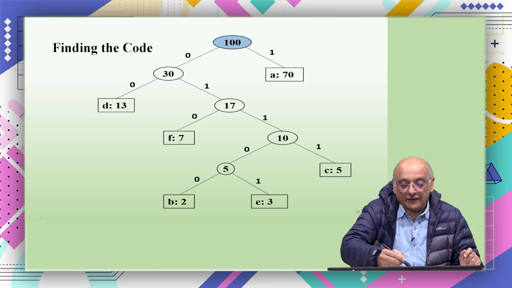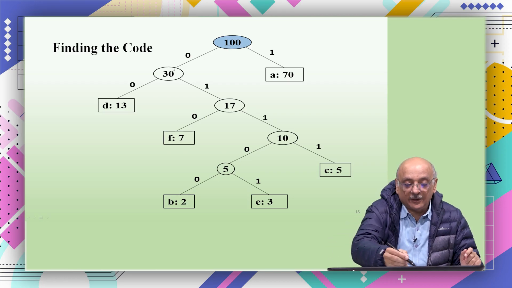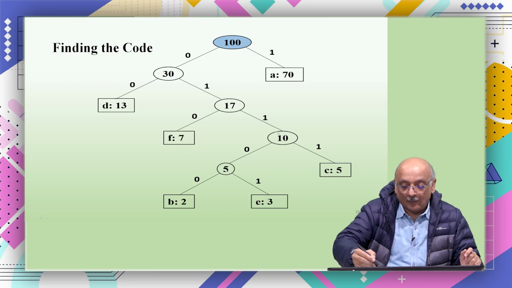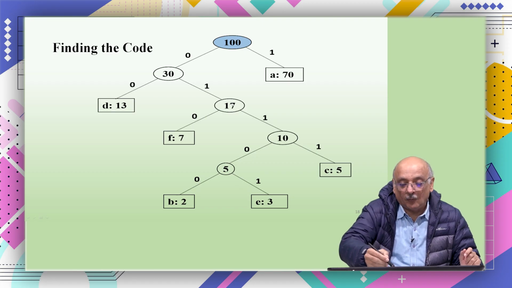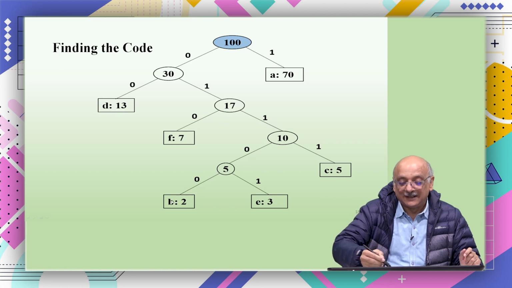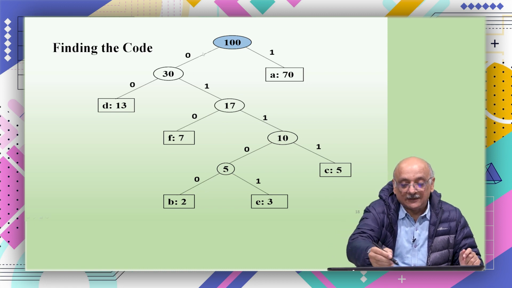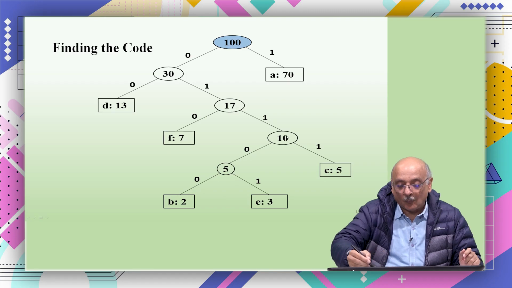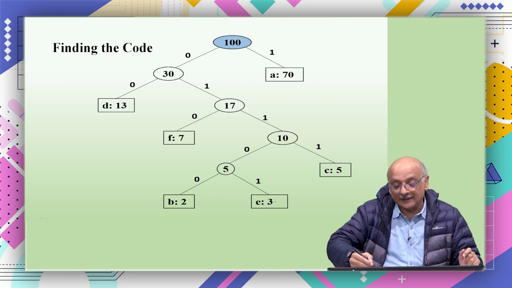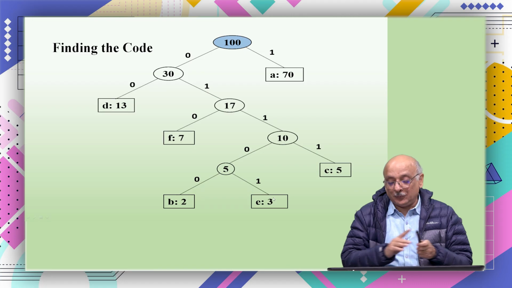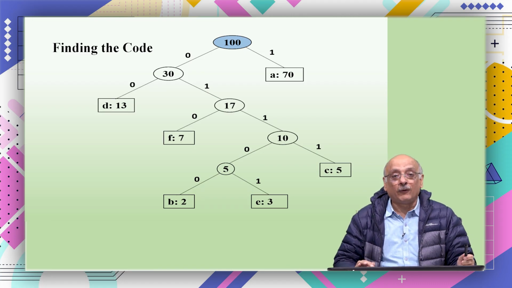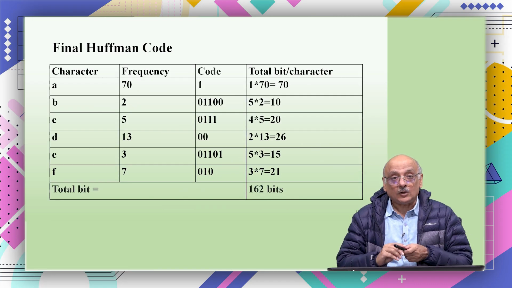What about let us say B? Okay. It is going to be 0, 1, 1, 0, 0. So, that is how we reach B. So, it is 0, 1, 1, 0, 0, all right. Like that E, 0, 1, 1, 0, 1, right. So, like that you can determine the code for each character, all right.